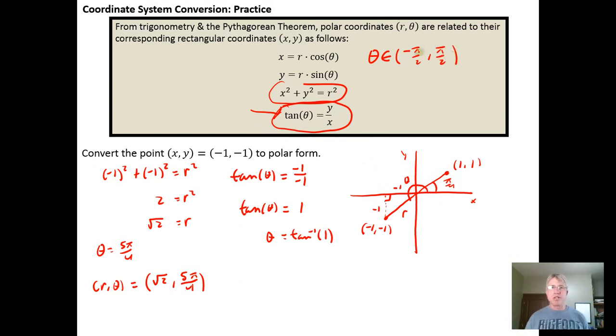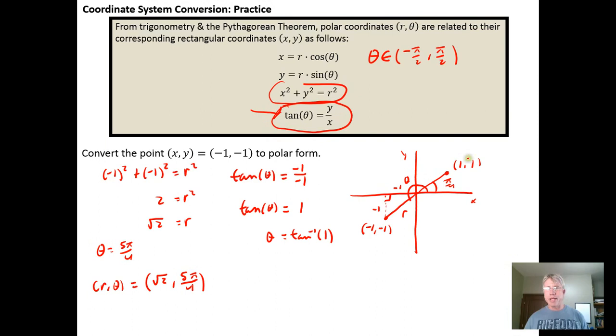The tangent function is actually undefined at negative pi over 2 and pi over 2 because we get a division by 0. So if you just blindly plug this into the calculator and you're not quadrant aware, the calculator is going to give you an angle between negative pi over 2 and pi over 2.